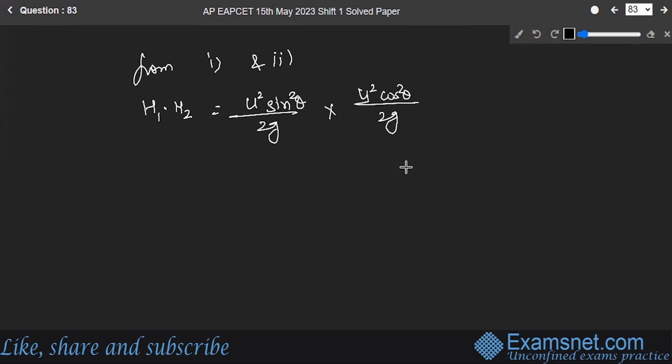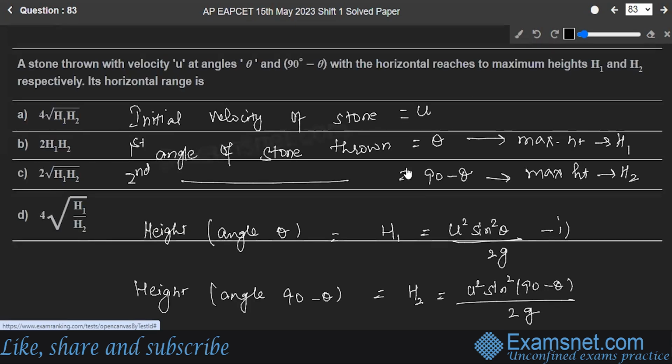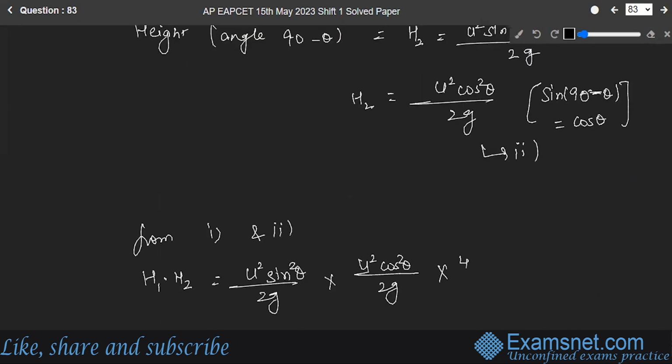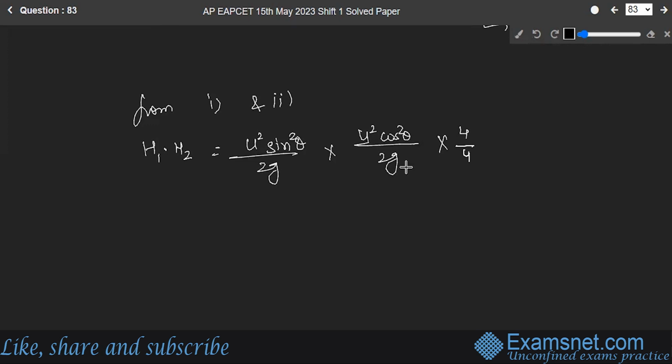Right? I'll do one thing. I'll multiply the numerator and denominator by 4. So what will this be now? h1 into h2. I will not do the cancellations, I need this 4 over here. So upon 4 into 4.